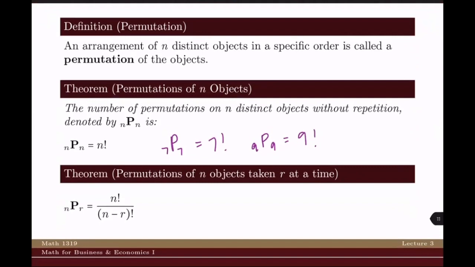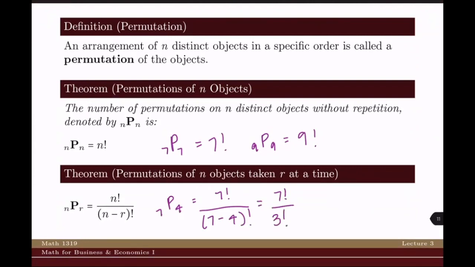However, if we have n objects, but we're only taking r at a time, our formula is n factorial divided by n minus r factorial. So for example, if we have 7 objects, but I only want 4 of them, that's going to be 7 factorial divided by 7 minus 4 factorial, which is equal to 7 factorial over 3 factorial.